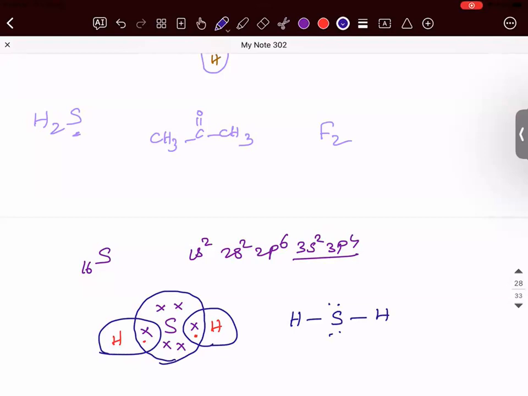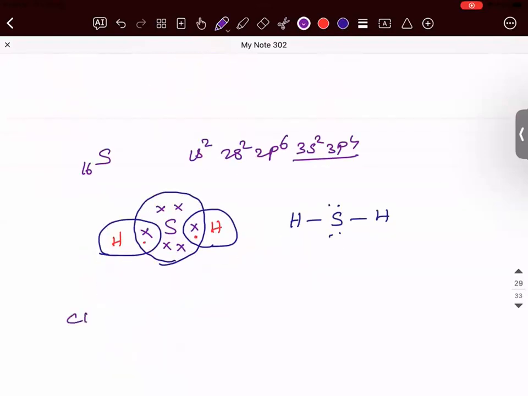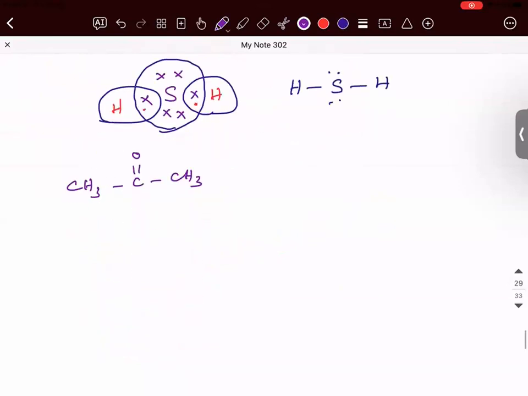And then next one, propanone. CH3, C double bond O, CH3. Actually, carbon will give 4 electrons, 1, 2, 3, 4. And this carbon 2, another carbon 2. So these 2 carbons you keep here like this. And then hydrogen with this 1, with this 1, with this 1. Totally 6 hydrogen is there now. And then it has 1 oxygen.